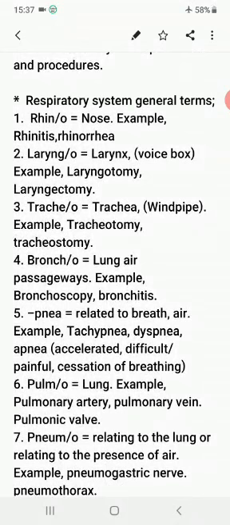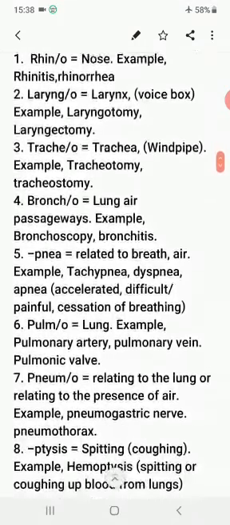Example, laryngotomy, that is to cut into the larynx temporarily. To cut into the larynx temporarily, we call it laryngotomy. And we have laryngectomy, that is surgical removal of the larynx.